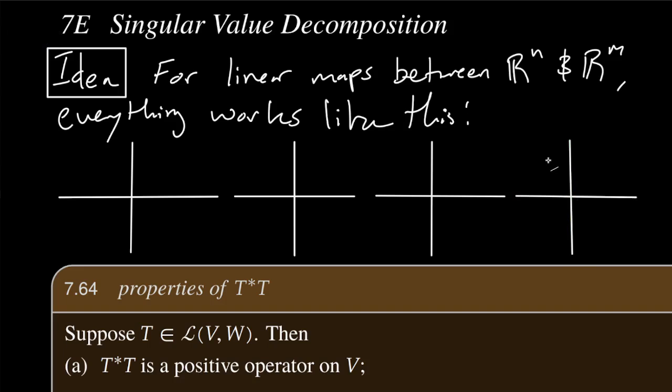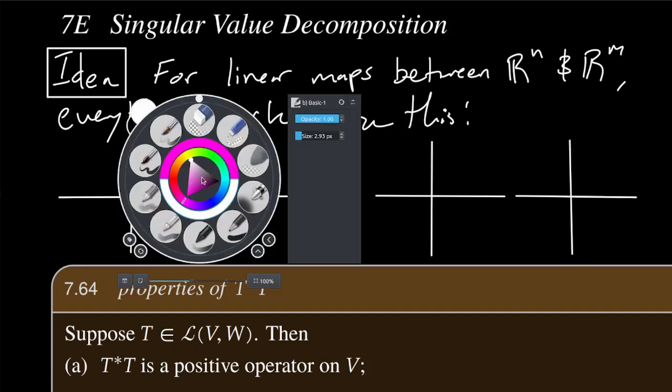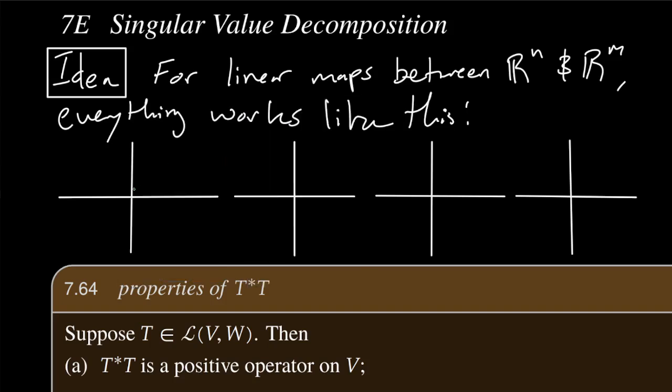Here's basically how all linear maps work from Rn to Rm. The gist of it is that you could take some basis vectors, say like they're unit vectors, right? So then you would have some kind of circle, like this is a terrible circle. It's not perfect, but it's close enough. It's a circle with radius 1, yeah?